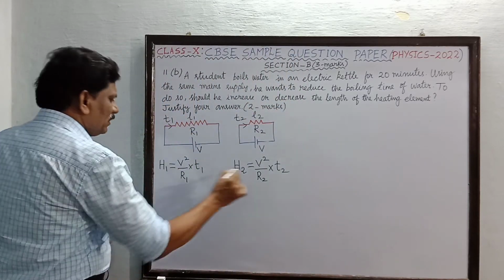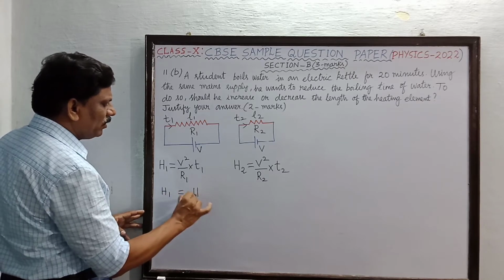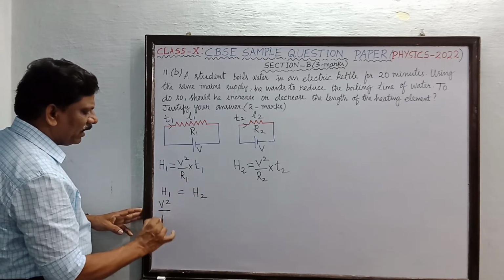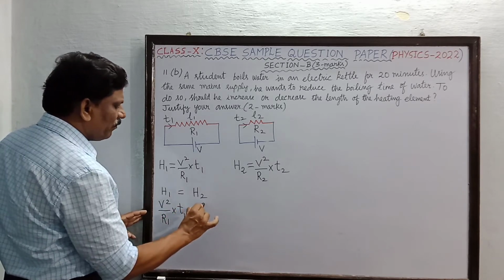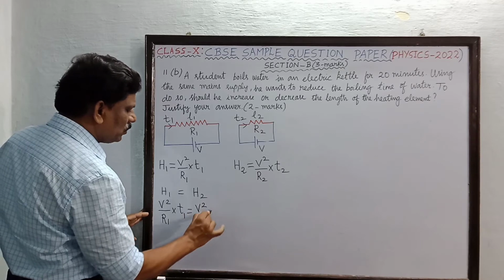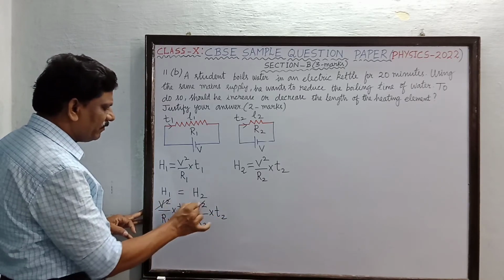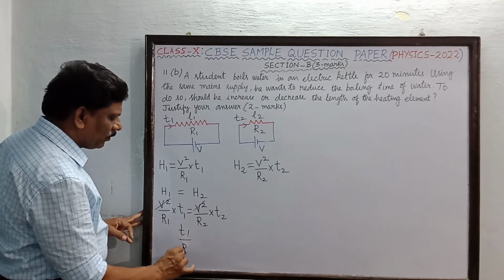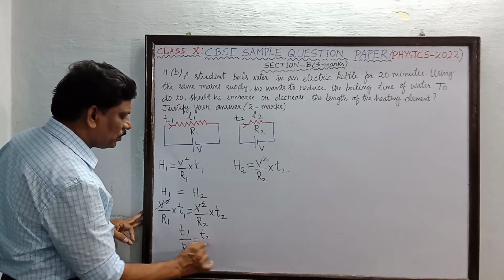So here, to produce the same heat, H1 is equal to H2. So V square by R1 into T1 must be equal to V square by R2 into T2. Cancelling this V square, we can write T1 by R1 is equal to T2 by R2.